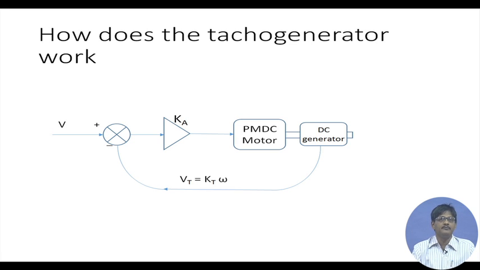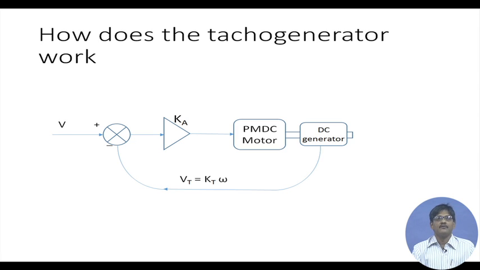First of all, the input voltage is sent and it is compared by an analog comparator with the feedback voltage coming from the tachogenerator, which is basically a DC generator in this case, and it is therefore fed in negative feedback.